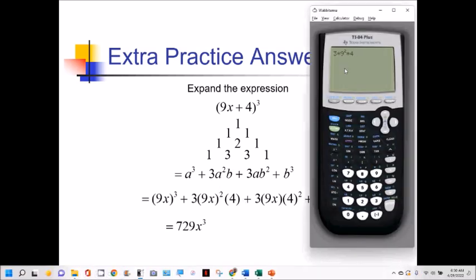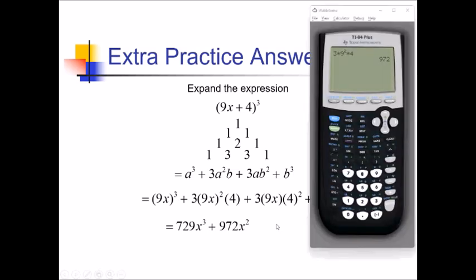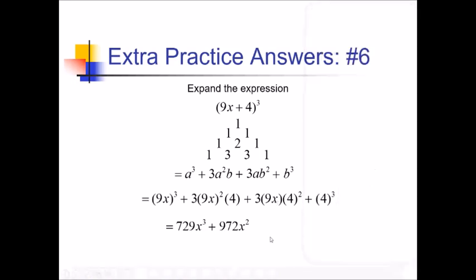So 3 times 9 squared times 4, grand total of 972 with an x squared thrown in. And then we have 3 times 9 times 4 squared with an x. Again, let me use my calculator. There's no point in trying to do it in my head and getting it wrong if I'm allowed to use a calculator. All right, that's 432 with an x. And then finally, 4 cubed, I know that's 64, so we're good to go.